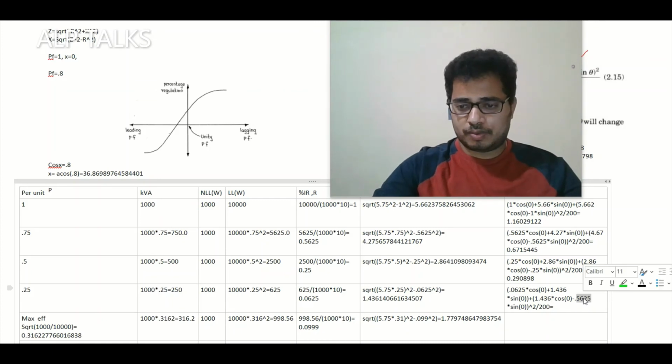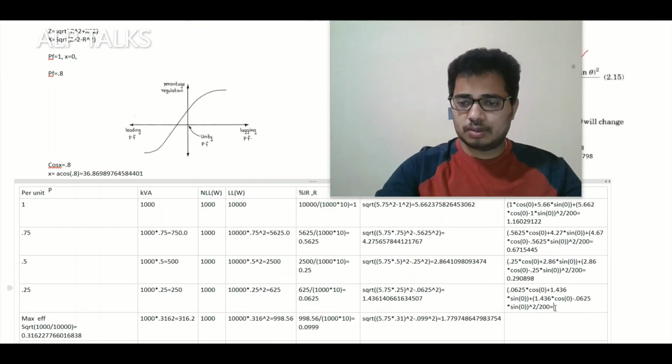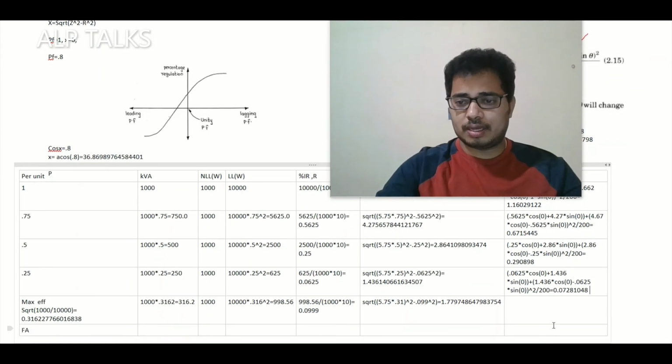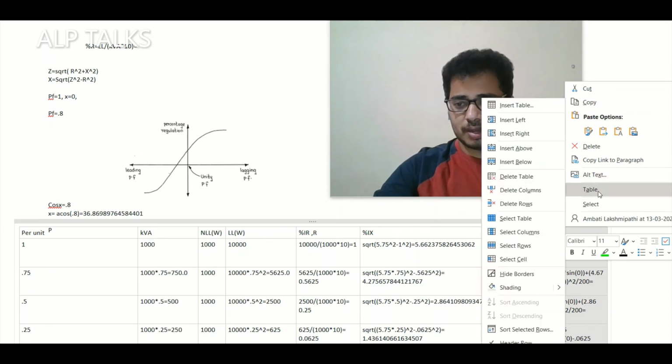So instead of 5625, 0.0625. So let's calculate the value. So it is 0.07. So this is for the lagging power, unity power factor, guys.